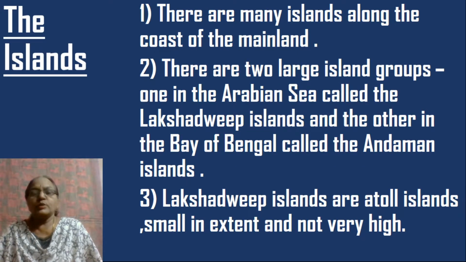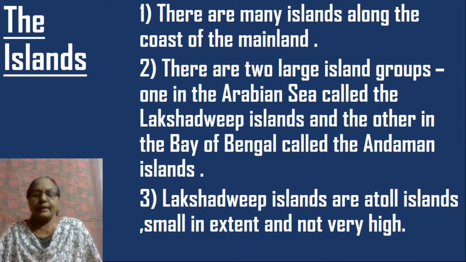So apart from these two, we have two large island groups in the Arabian Sea as well as the Bay of Bengal. The islands in the Arabian Sea are known as Lakshadweep Islands, and the islands in the Bay of Bengal are called Andaman and Nicobar Islands.